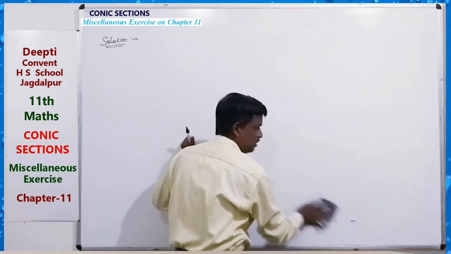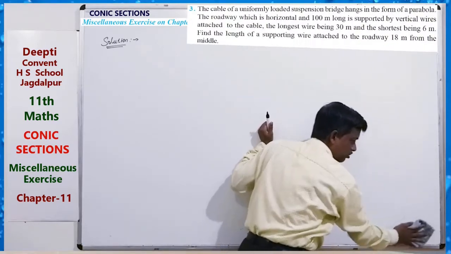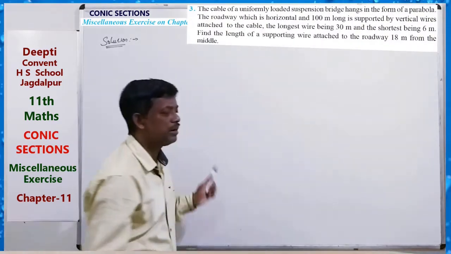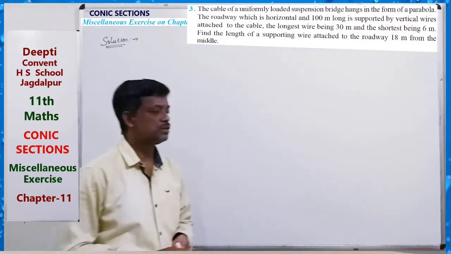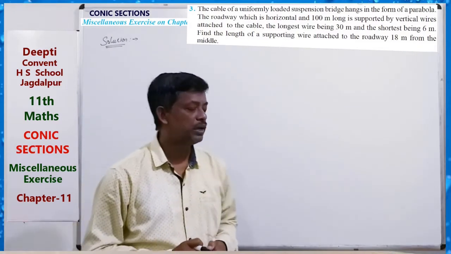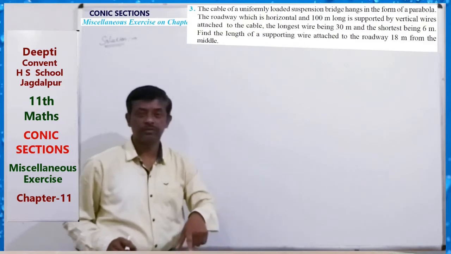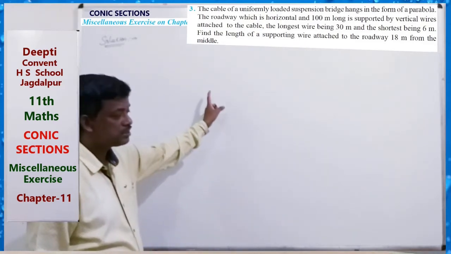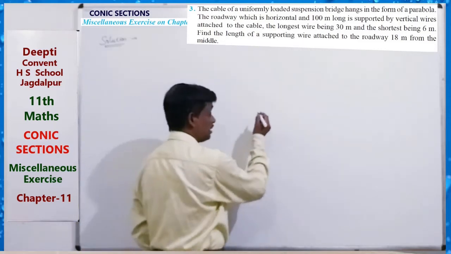The roadway, which is horizontal and 100 meter long, is supported by vertical wires attached to the cable. Its longest wire is 30 meter and shortest wire is 6 meter. Find the length of the supporting wire attached to the roadway 18 meter from the middle point. So here the diagram is the main thing.